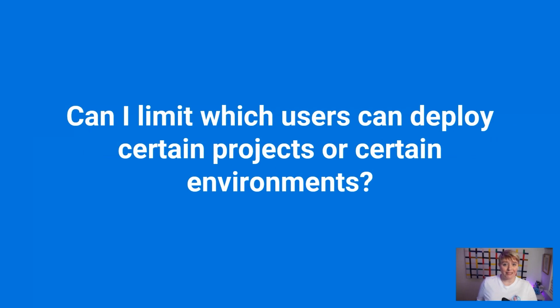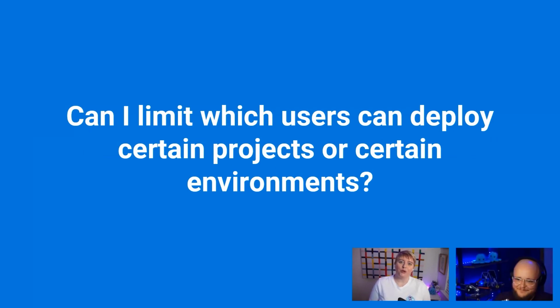There are a bunch of built-in permissions and teams that we have inside Octopus Deploy that you can use. They might fit your use cases, or you can build your custom ones as well. But we've also got integration for things like Azure Active Directory. So there's lots of options there for you to, I want to say control, but that sounds like the wrong word, Derek. But yeah, you can limit who has access to certain parts inside Octopus.